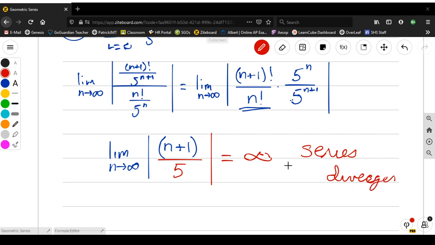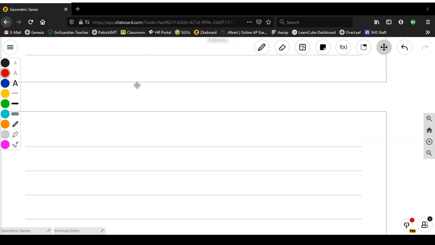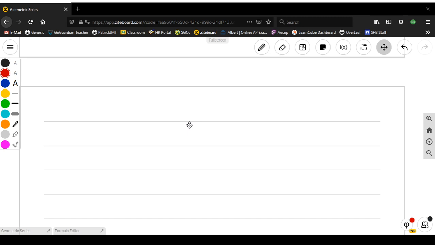Diverges. All right, good. So that is the ratio test. I'm going to do one example where the series does not have a factorial in it, but we can still kind of apply this one here.